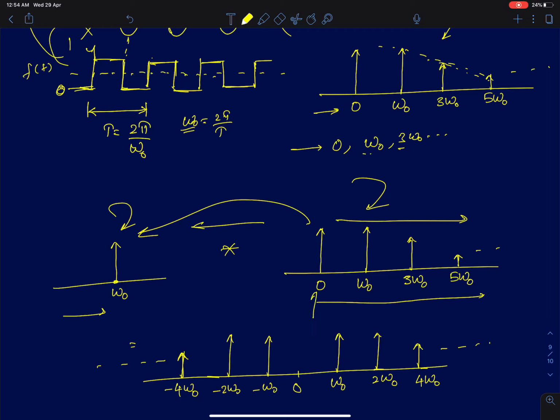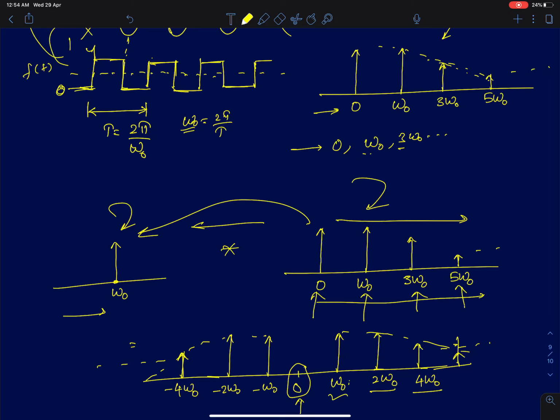So this will become omega naught, this will become 2, 4, 6 and so on. So you will see omega naught, 2 omega naught, 4 omega naught and 6 omega naught and so on. Okay, the energy will decay like this. And similarly, I have shown it here for negative frequencies. So it makes sense, you can see that there is no DC content in the signal.